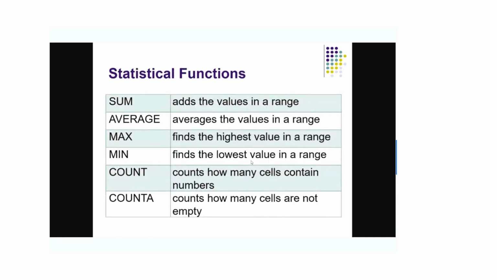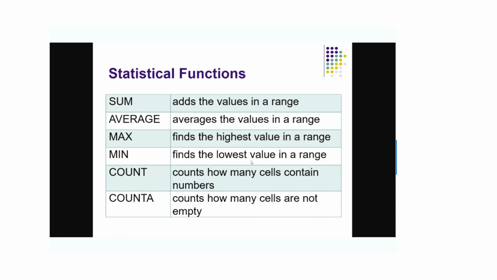Here are some of the basic statistical functions that you're going to use regardless of what line of work you're in or the kind of worksheets that you're working with. First of all, sum, of course, adds the values in the range. The average function, I think that one's self-explanatory too.